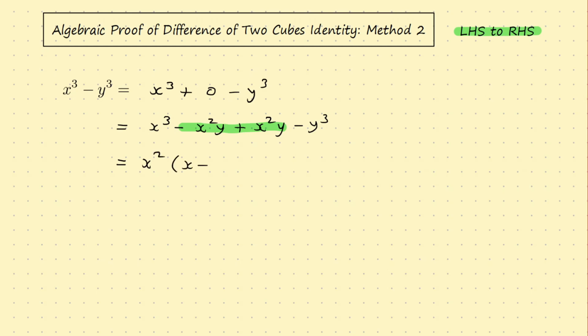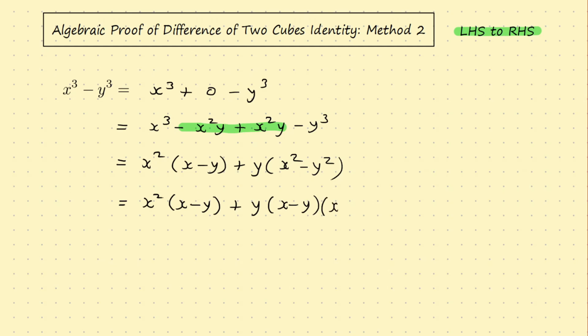Now we factorize the first two and the last two terms to give us x squared into x minus y plus y into x squared minus y squared, and we can factorize the second term using the difference of two squares identity to give us x squared into x minus y plus y into x minus y times x plus y.